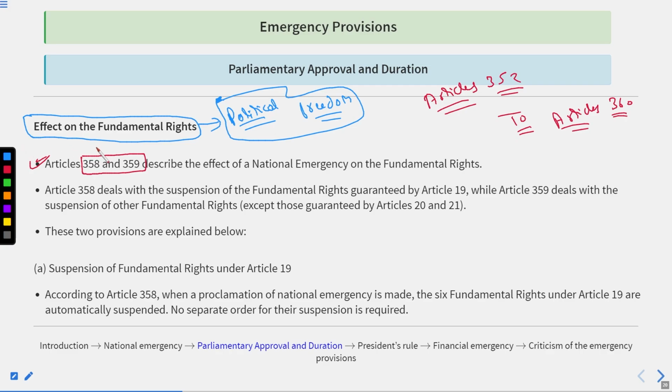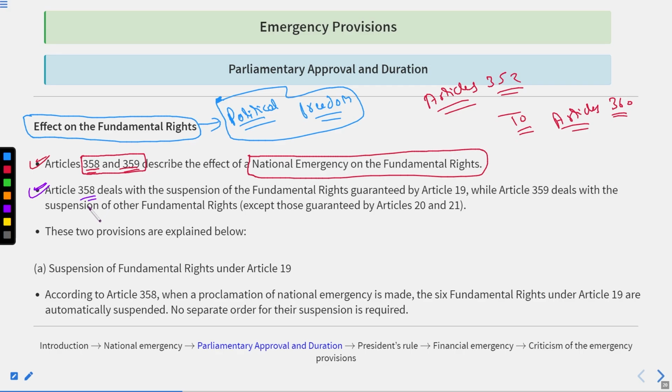Okay. So basically, Article 358 and Article 359 describe the effect of a national emergency on the fundamental rights. So which articles contain the effect of the national emergency and the description of it? Basically, Article 358 and Article 359. All right.